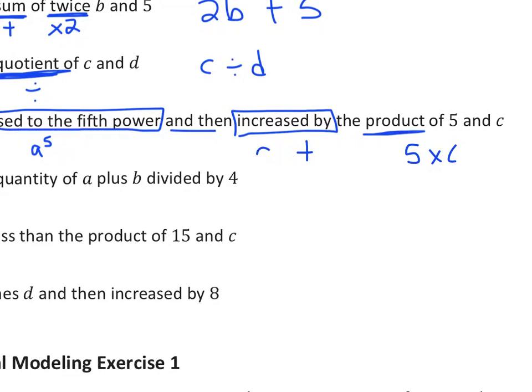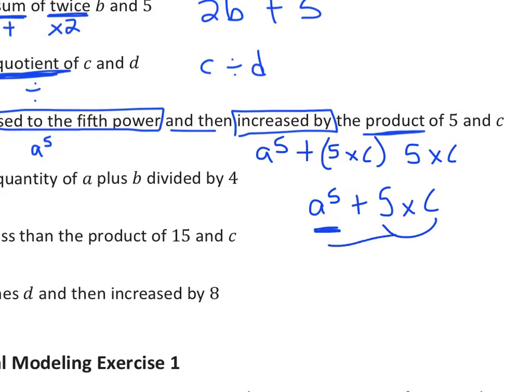So we have A to the 5th power plus, and then we would have to do the 5 times C in parentheses to be done before that. Actually, you know what? I think it would work like this. Because PEMDAS would have you do this first, then the 5 times the C, and then add that to this. But I like parentheses. Let's go with that one.